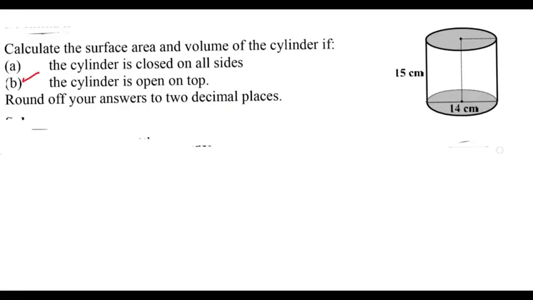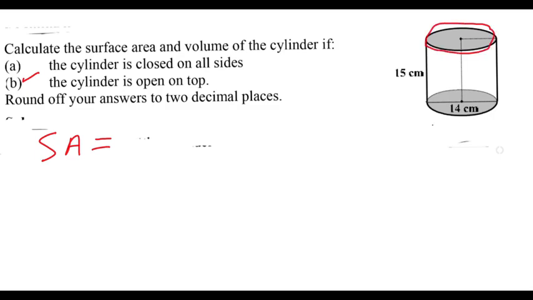So the B part, now we need to find the surface area and volume for the cylinder that is open on top. So on the top the cylinder is open, no circle. So the top circle is missing. Surface area is going to be different this time. We can't say 2 pi r squared plus h because there is only going to be one circle now, because the top circle is missing.